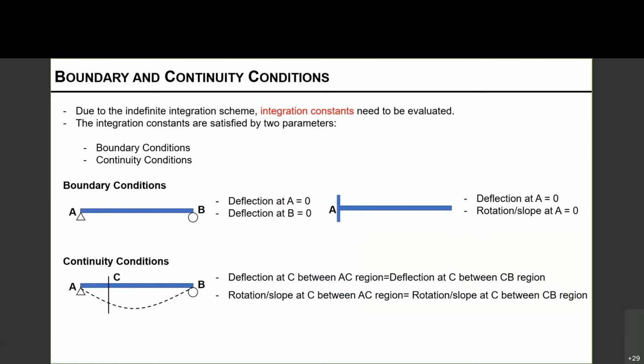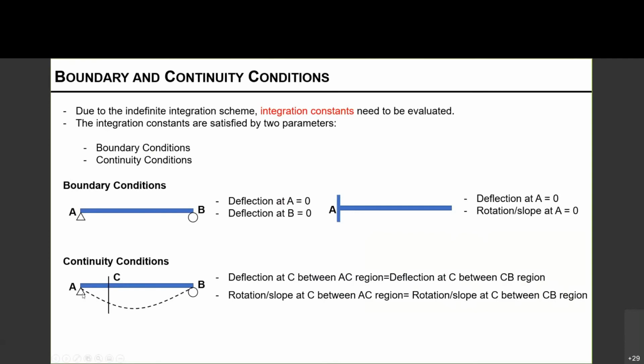Similarly, the rotation also has a continuity condition. The slope or rotation at C when we consider the AC region is exactly the same as the rotation or slope at C when we consider the CB region.